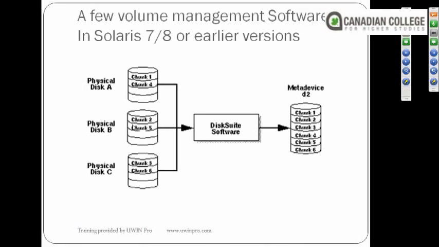These are like sub disks, not real slices. Don't worry much about Solstice. Let's say from physical A, B, C, this is a physical hard drive. In the hard drive, I can create small sub disks. We'll talk about that in Veritas. We can create a lot of sub disks anyway.